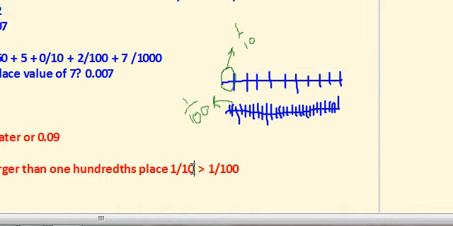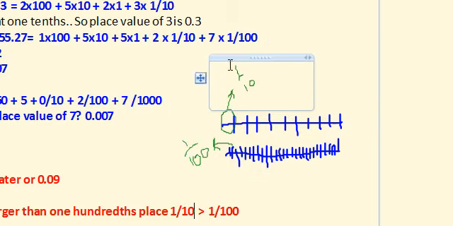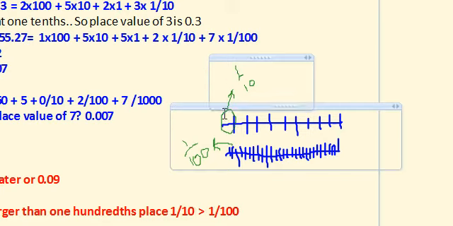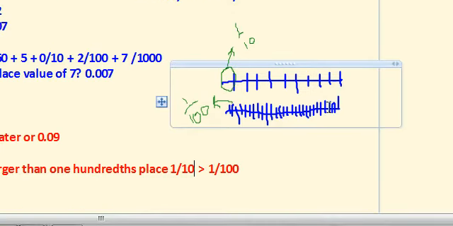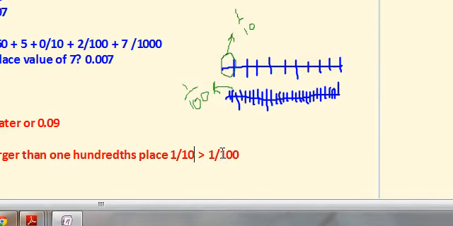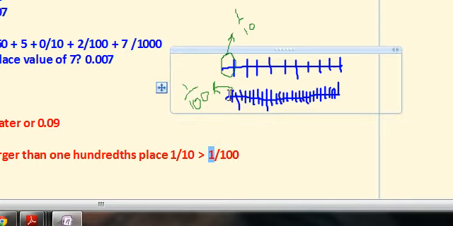If I have a line and I divide it into 10 equal parts and take 1 out of that 10, like this I have marked 1 out of that 10, this length represents 1 by 10. Now suppose I take the same line, I divide that line into 100 parts and take 1 out of that 100, so this small length will represent 1 by 100.